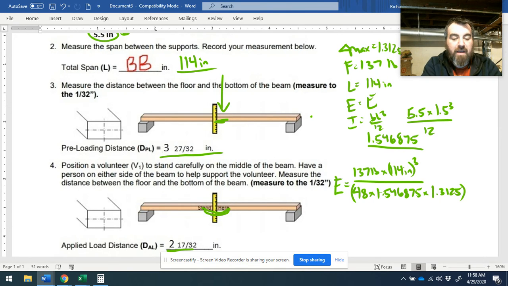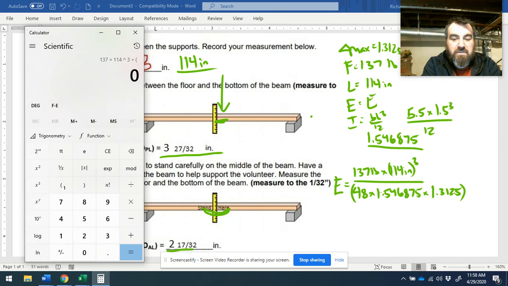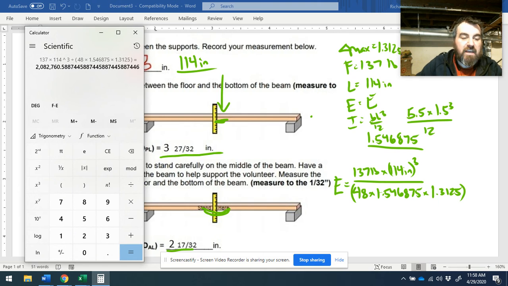Instead, we want to divide by all of this, so we say divide by 48 times 1.54687 times 1.3125. Okay, so I put that all in parentheses and I get a big number, 2,082,760.5887.